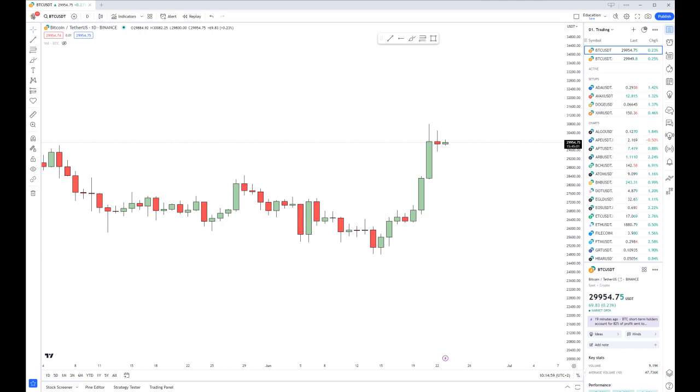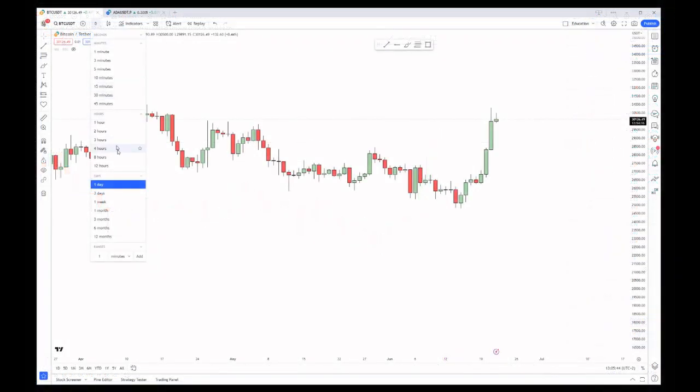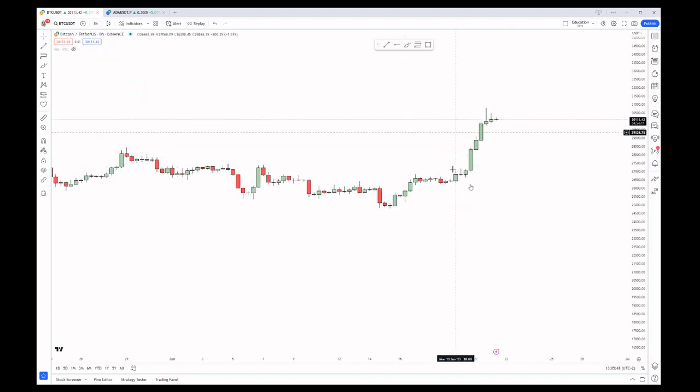And one candlestick refers to a set period of time. In this case, the time frame is 1 day. So one candlestick represents 1 day or 24 hours of trading. And of course, if you adjust the time frame, the candlestick will also adjust to another time frame.